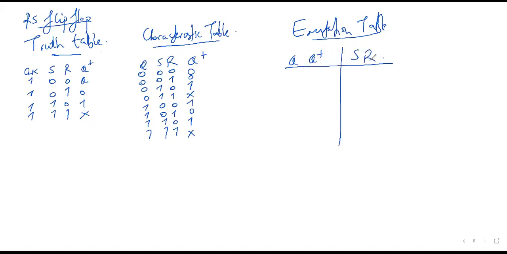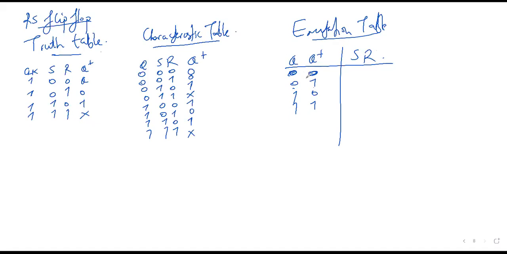The excitation table shows you, watch, if I want to go from 0 to 0, what should be my S and R? That is why we have the excitation table. If I want to go from 0 to 1, what should be my SR? If I want to go from 1 to 0, what will be my SR?